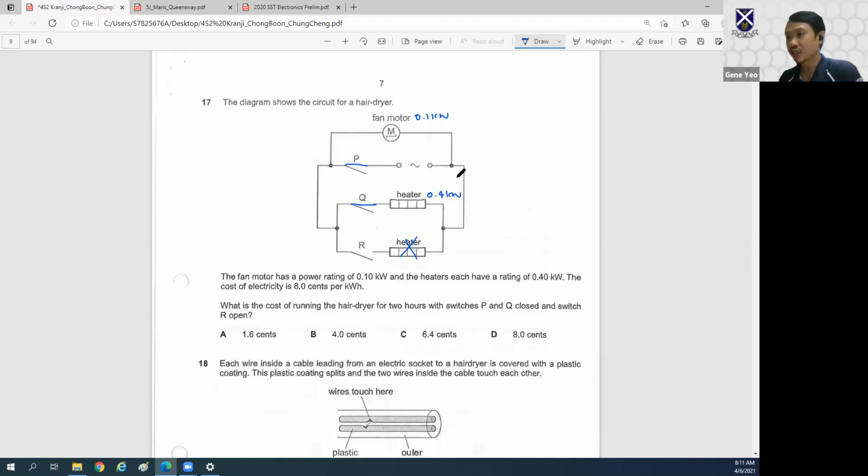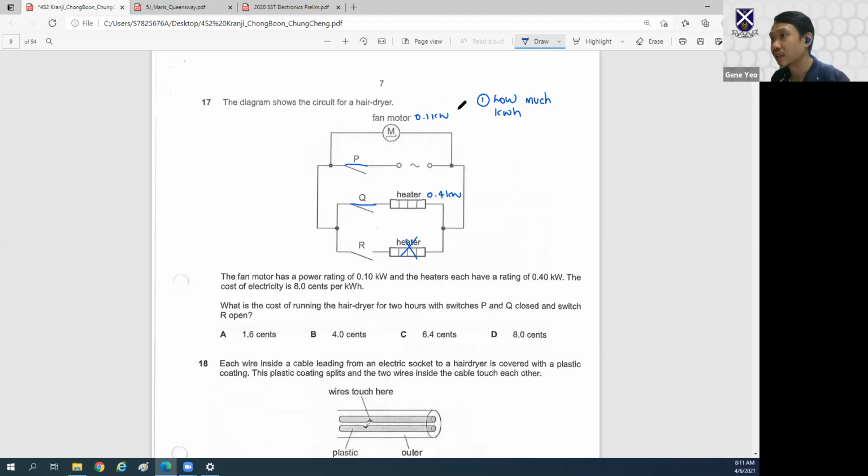Okay, so this is a question on how to calculate the cost of electricity. So step number one, I have to first come up with how much energy is used in terms of kilowatt hour. Okay, so step number one, we got to first calculate how much is the total kilowatt hour used.